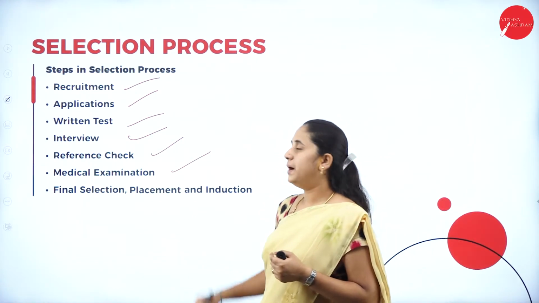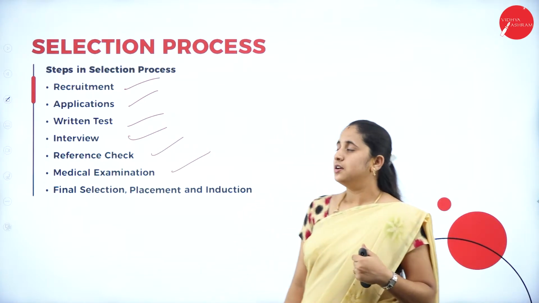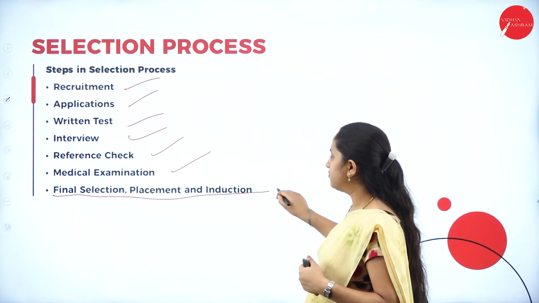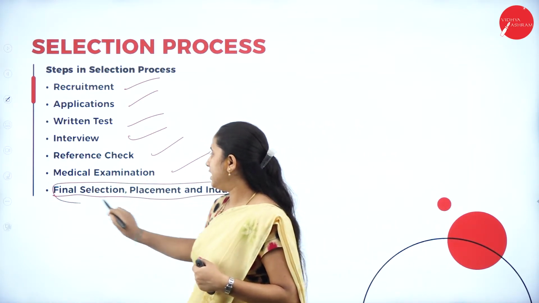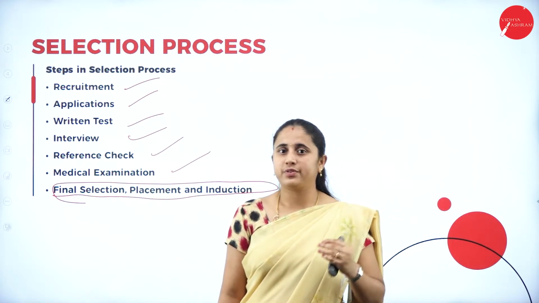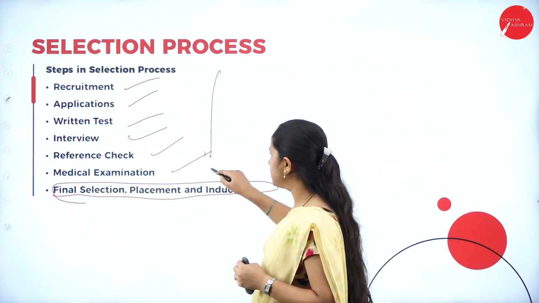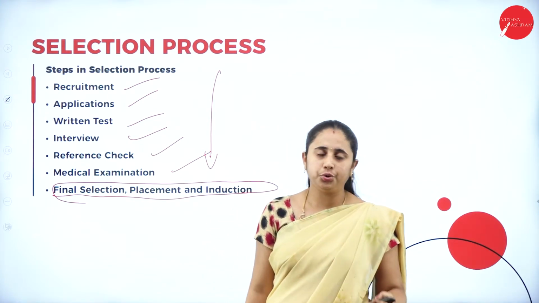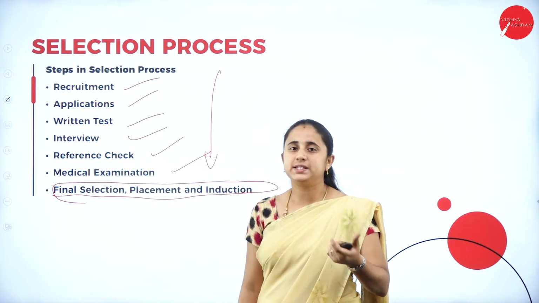So after medical examination, then final selection. After this, final selection, placement and induction. After eliminating candidates from all the steps, the remaining candidates, it may be 1:3 or 1:2, then we are going to select the best candidate.